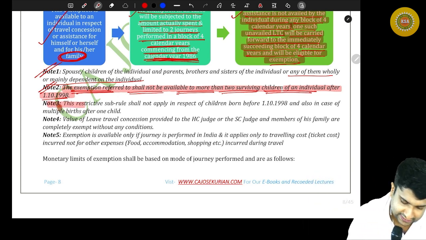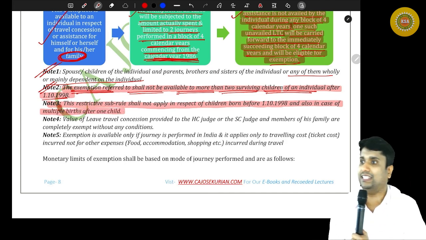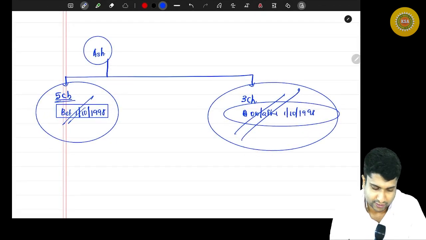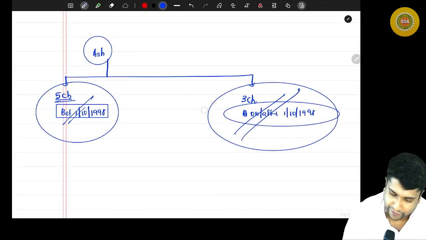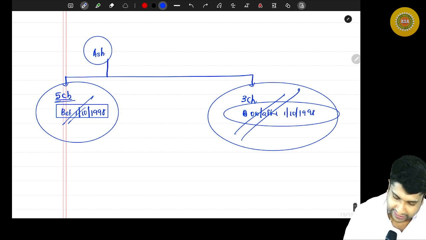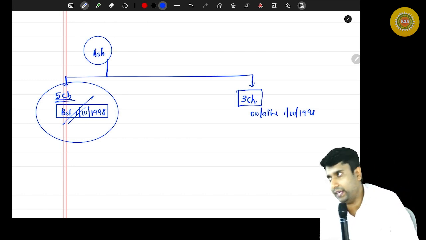Now, this restrictive sub-rule shall not apply in respect of children born before 1st October 1998 and also in the case of multiple birth after one child. What is that? In the same example, Ash has 5 children born before 1st October 1998, and then 3 after.